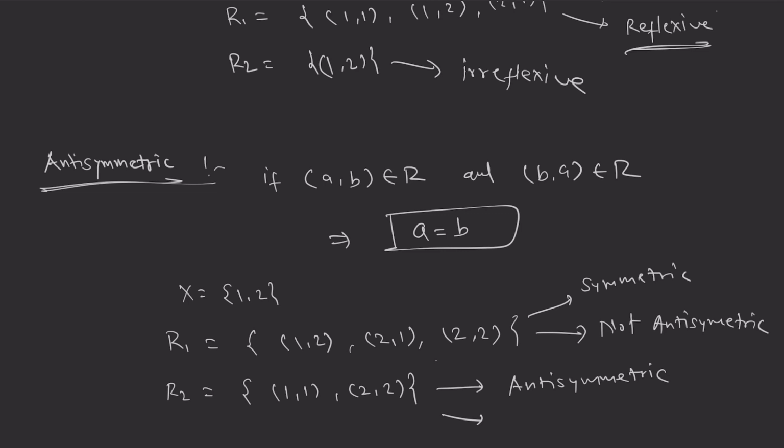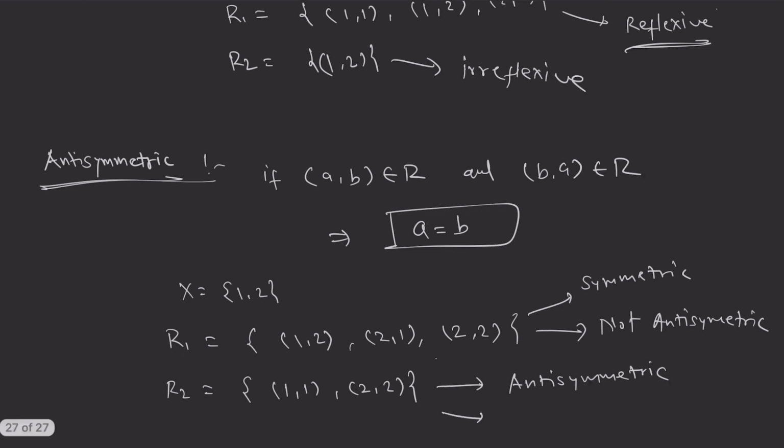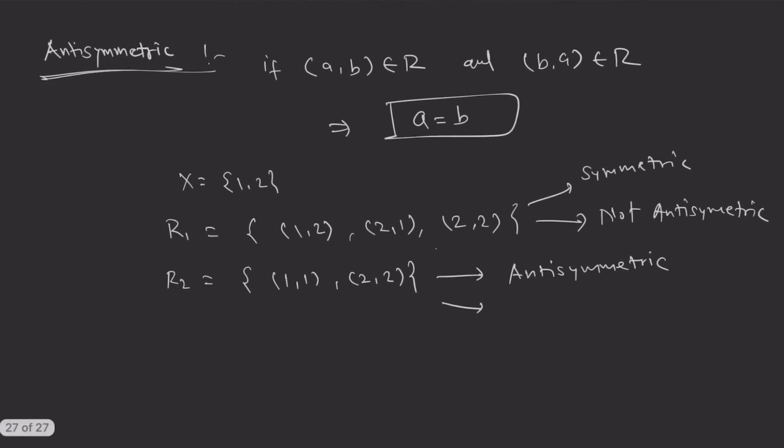Yes, it is also symmetric. Why? Because 1 comma 1 is there, and if I reverse it, 1 comma 1 is again there. 2 comma 2 is there, and if I reverse it, 2 comma 2 is also there, so this is also symmetric. Here you can see that a relation can be not antisymmetric and symmetric, and a relation can be both symmetric and antisymmetric.